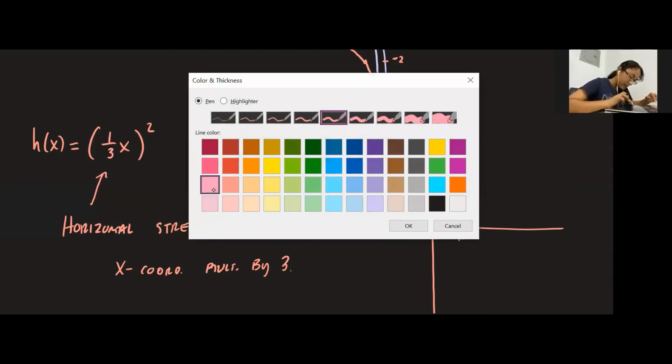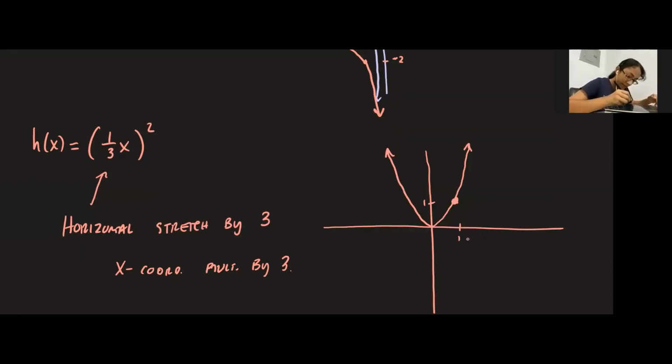So 1 gets multiplied by 3, and we have 3. So we have the point (3, 1). And then let's pick another point. We know (-1, 1) is also on the graph. If I multiply -1 by 3, I get (-3, 1). So that's this point. And then by connecting them, we still have (0, 0).